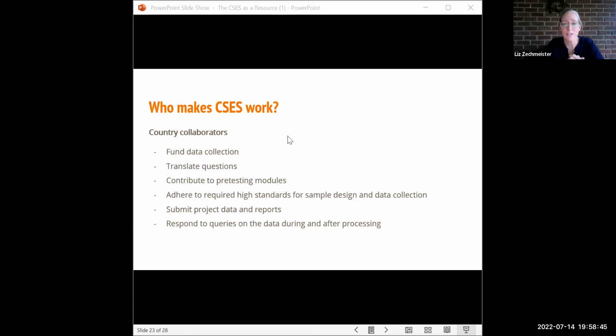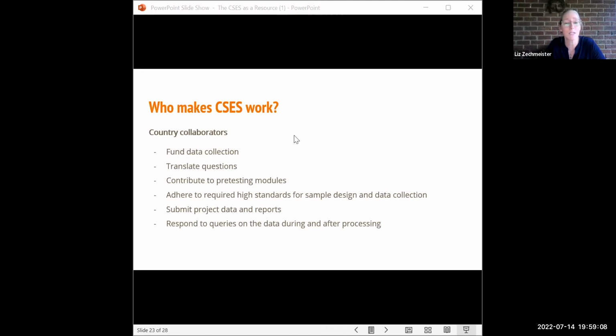I hesitated over saying they're unsung because I hope that we all think of them when we use the data set, but I suspect that we often take data off the shelf and we don't think about who put all the resources and time and energy into actually collecting the data. So this is a volunteer service that country collaborators are providing to generate a public good. So hats off to them.